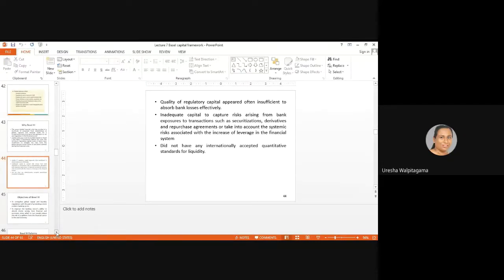So if you all can see, basically the idea was that the quality of regulatory capital appeared often insufficient to absorb bank losses effectively, and also inadequate capital to capture risk arising from bank exposures to transactions such as securitizations, derivatives, and repurchase agreements, or take into account the systemic risk associated with increased leverage in the financial system. Also there were no internationally accepted quantitative standards for liquidity.